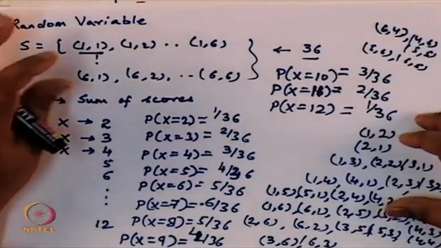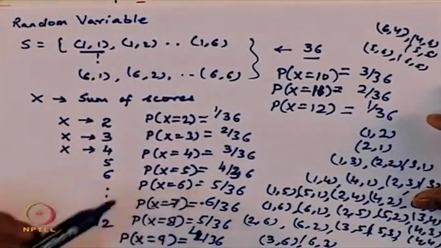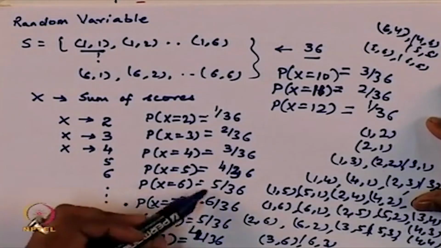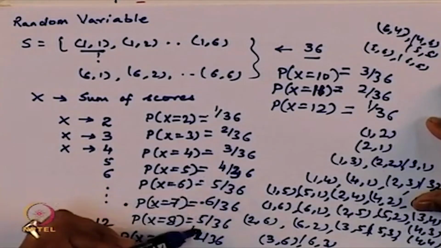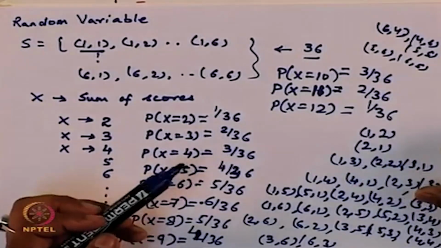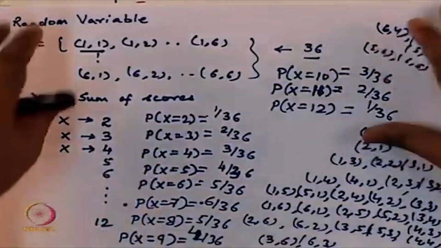This is a symmetric distribution. Okay. What you see, your peak is at x equal to 7, 6 by 36, then you have 5 by 36, you have 4 by 36, and 3 by 36, 2 by 36, and 1 by 36. Okay. So, if I add these probabilities up, what will I get?